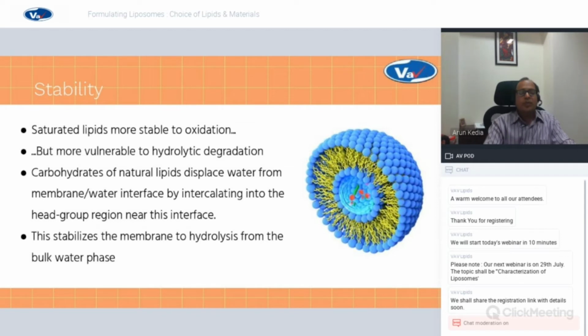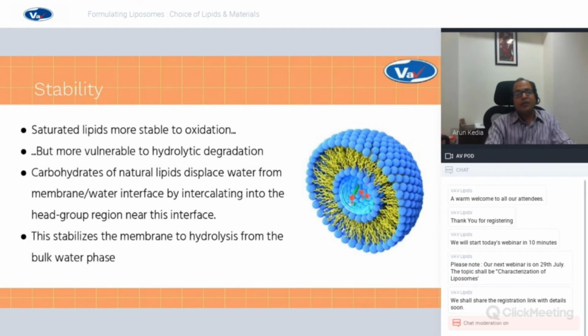Now, what makes, let's say, the natural phospholipids more stable to hydrolysis, relatively speaking? So carbohydrates of natural lipids will displace water from the membrane water interface by intercalating into the head group region near this interface, which means just outside the shell.